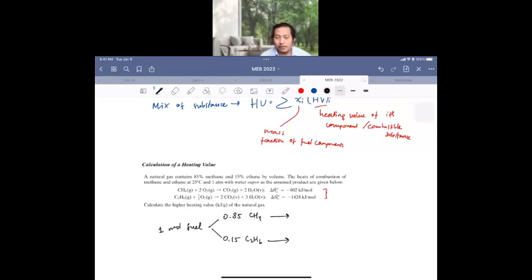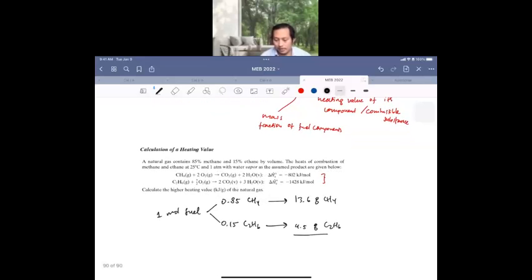We convert to grams through molecular weight, and we get the total mass of 18.1 gram.